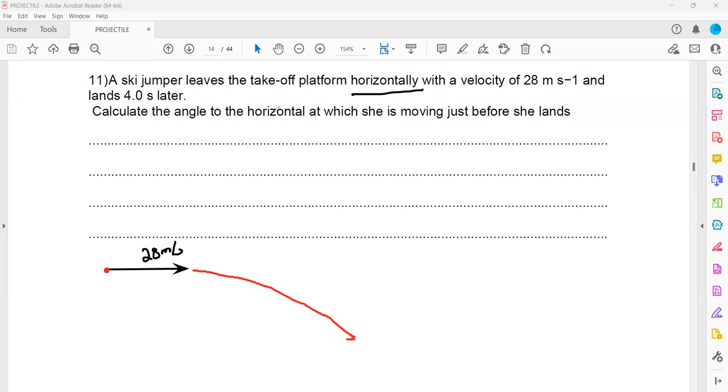We have to calculate the angle to the horizontal at which she moved just before she lands. So we need this angle with the horizontal.